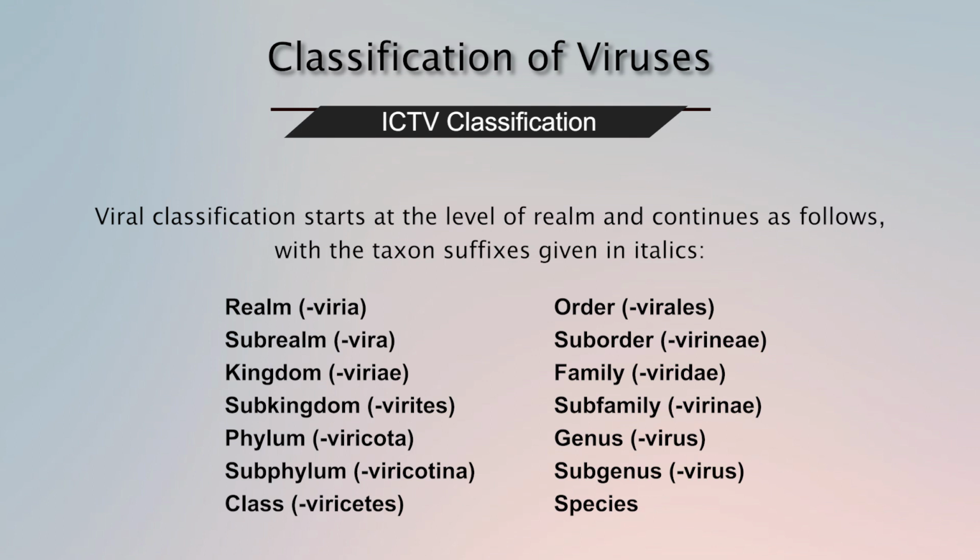We can see here, for example, a family ends with the suffix viridae and a genus ends with the suffix virus. So in the Retroviridae family there is the lentivirus genus with species like HIV-1, HIV-2, SIV, BIV, FIV, and HIV-1 has different types of strains depending on the target cells they attack.